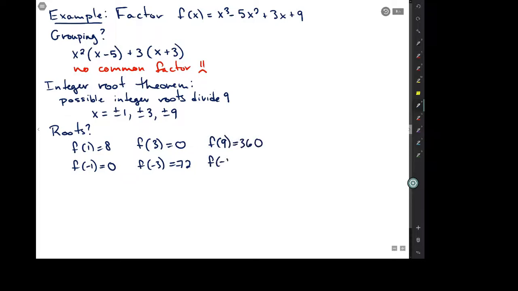And if I plug in minus 9, I get negative 1,152. This makes me a little bit sad, because if I really want to factor this all the way to factor completely just using the integer root theorem, I need 3 roots, not just 2.